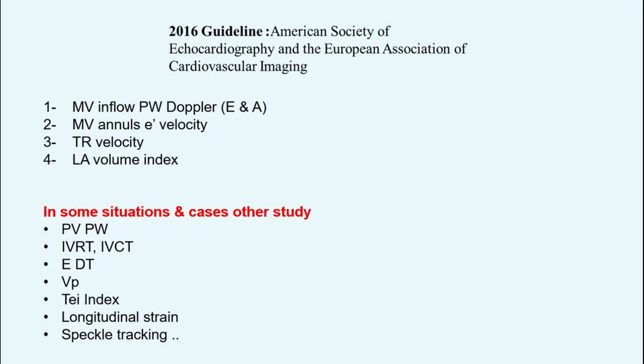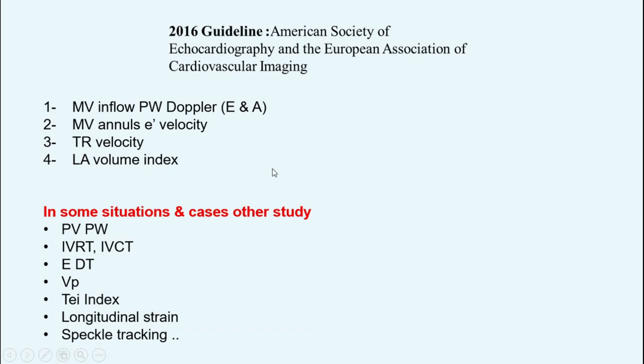Based on the new guideline in 2016 by the American Society of Echocardiography and the European Association of Cardiovascular Imaging, for evaluation of diastolic dysfunction, we have to measure four parameters: mitral valve Doppler, mitral valve annulus tissue Doppler, tricuspid regurgitation velocity, and left atrial volume index.